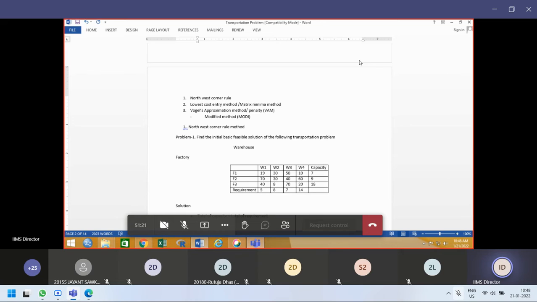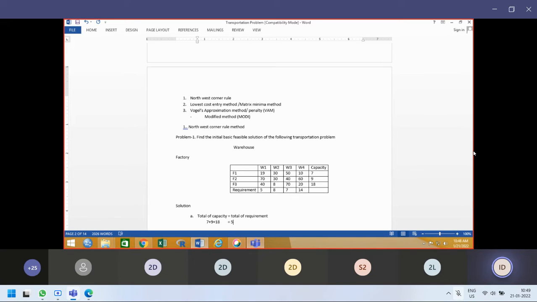What is the total of capacity? 7 plus 9 plus 18 is equal to 34. 5 plus 8 plus 7 plus 14, this is how much? 34. So 34 is equal to 34. The first condition is satisfied.